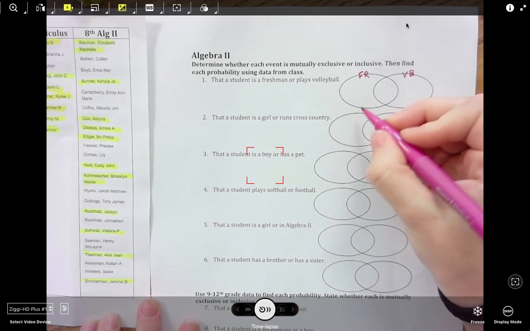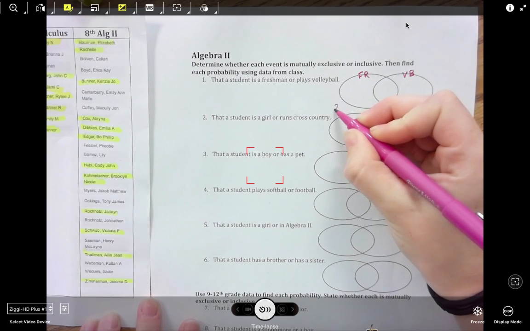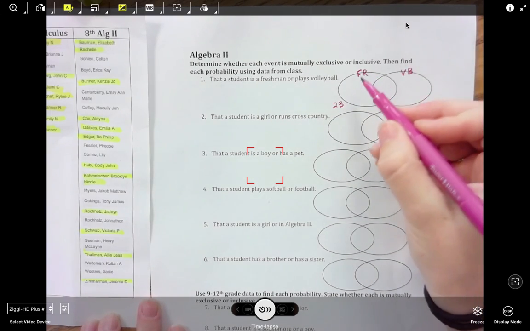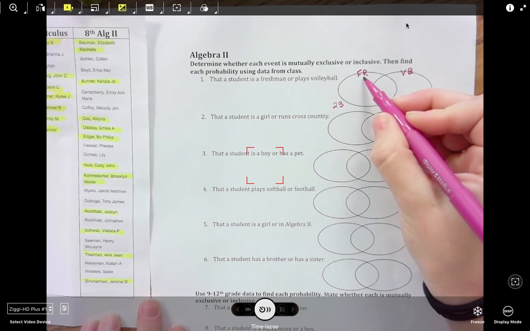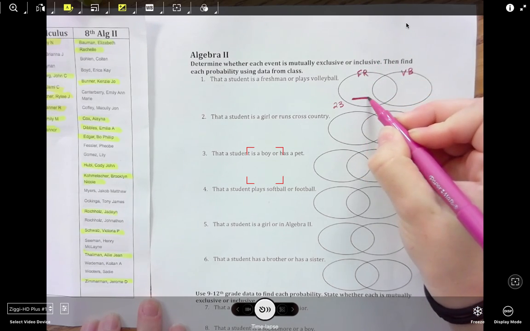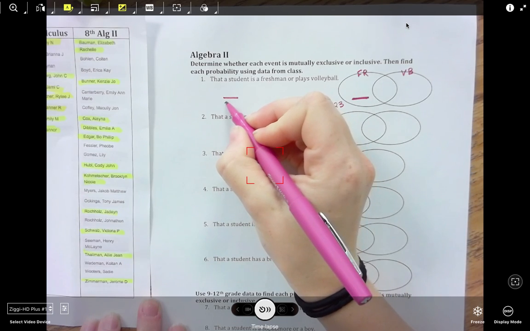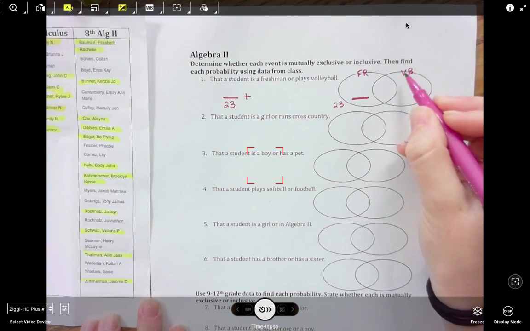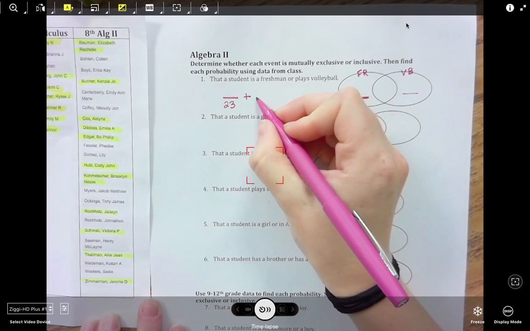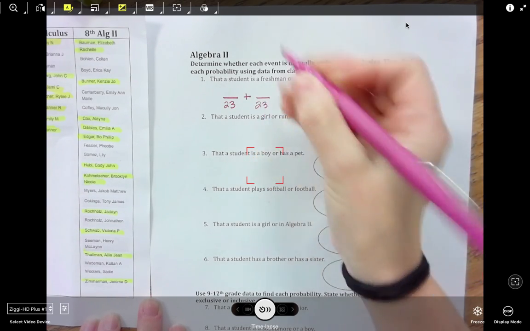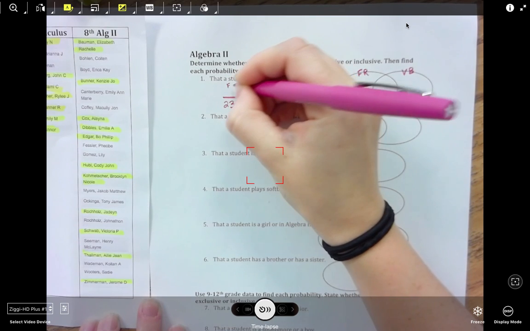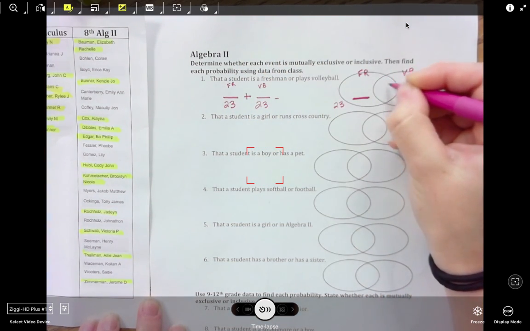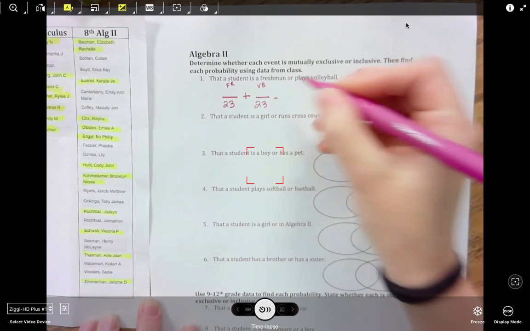There are 23 students in the 8th period class, so we'll put this over 23. Basically how you do this is whatever this number is here, you do that number over 23, and then you add that to the category that is over here in volleyball. So I'm going to add that to volleyball over 23. This is freshman, this is volleyball, and then I'm going to subtract out the people in the middle because I don't want them to be counted twice.